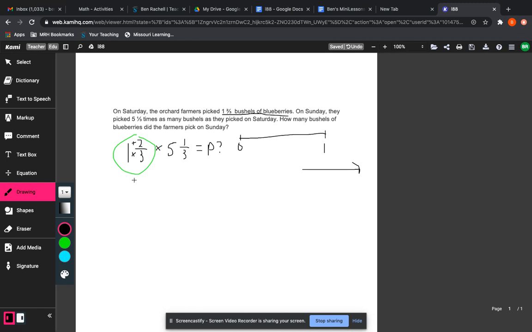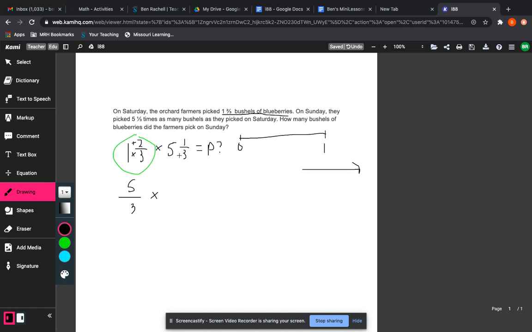After all that's said and done, we get 5, or excuse me, we don't get 5. We get 5/3. I believe that's our answer. So this is our improper fraction, 5/3. It's a number larger than 1. That's another way of writing 1 2/3.